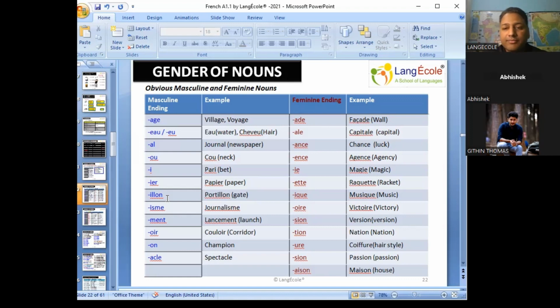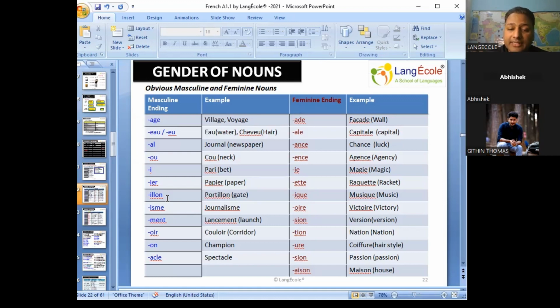Let's see what the feminine endings are. How can you identify the feminine ending? As I said, mostly an E ending, except some. If it is ADE, façade, AL, ALE, capitale, then ANCE, ENCE, then I plus E and magie.